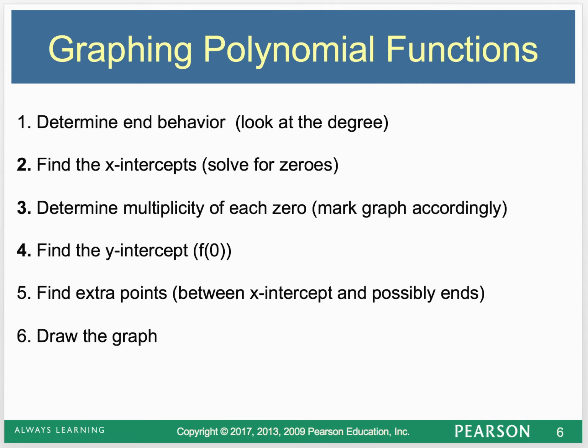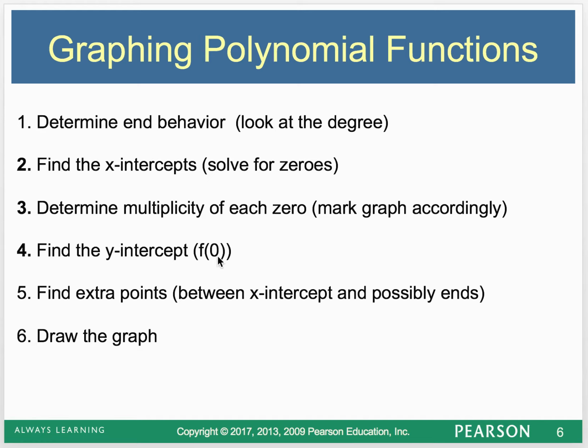Okay. So keeping that in mind now, here's the steps of how we're going to graph these functions. First, we're going to determine the end behavior, right? Then we're going to find our x-intercepts. When we need our x-intercepts, we set the function equal to 0 and solve the corresponding equation. Determine the multiplicity and make sure that we do the appropriate mark at that intercept.